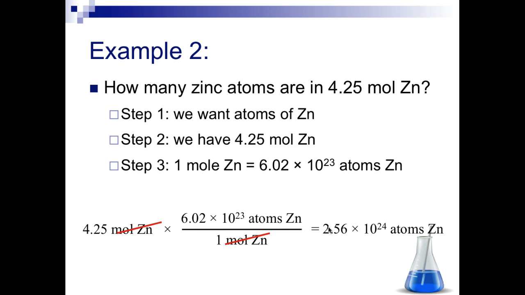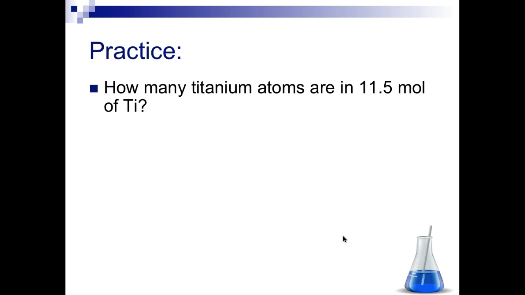Remember, again, we are going to type in 6.02 second EE, or EE to the 23rd, and we will end up with 2.56 times 10 to the 24th atoms. Again, we have 3 sig figs in the number we started off with. We have 3 sig figs in the number we're ending up with. So we're good.